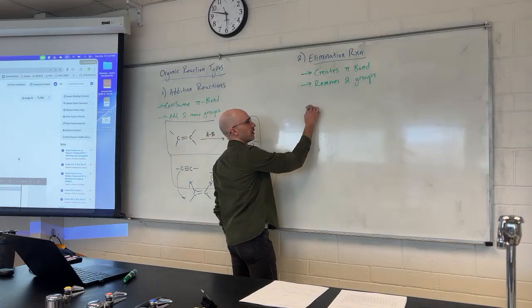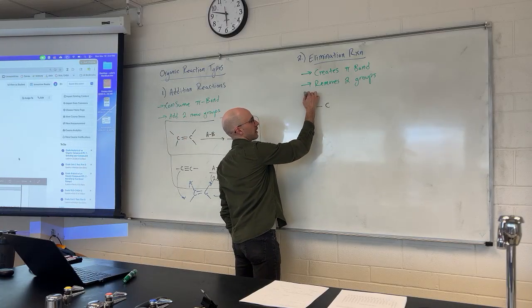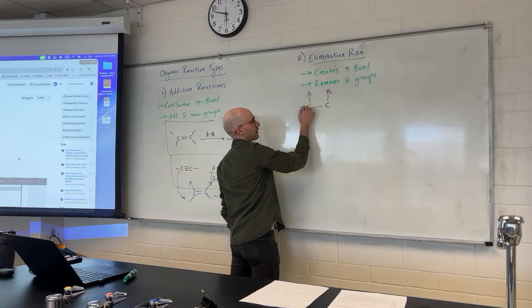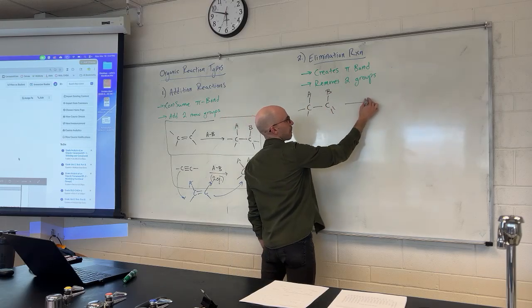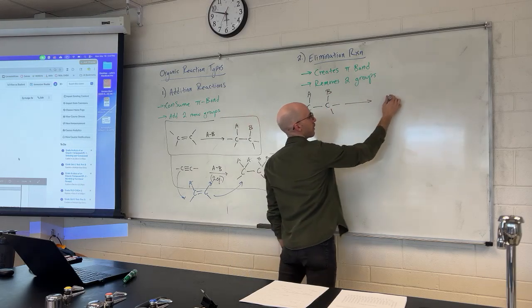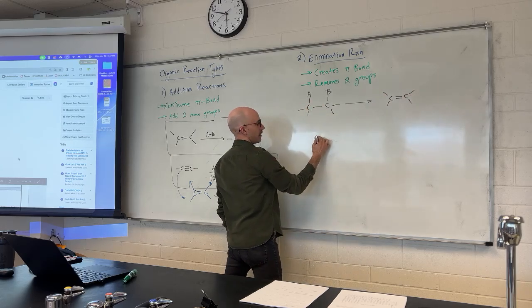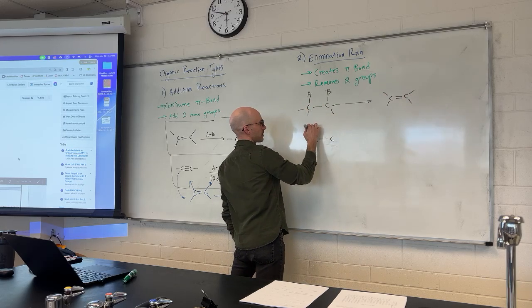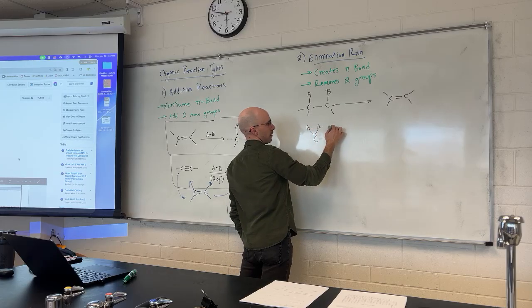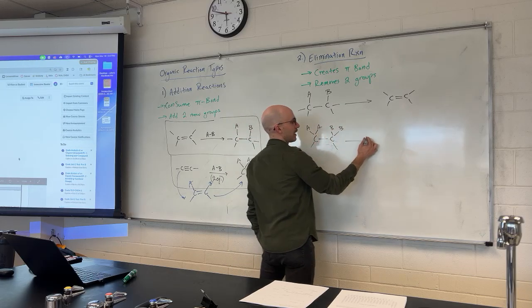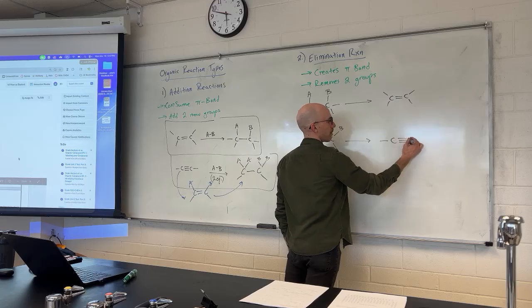However you'd like to abbreviate those groups is totally up to you. I'm going to stick with that A and B. And the number of A and B groups that you have dictates how many eliminations you can do.